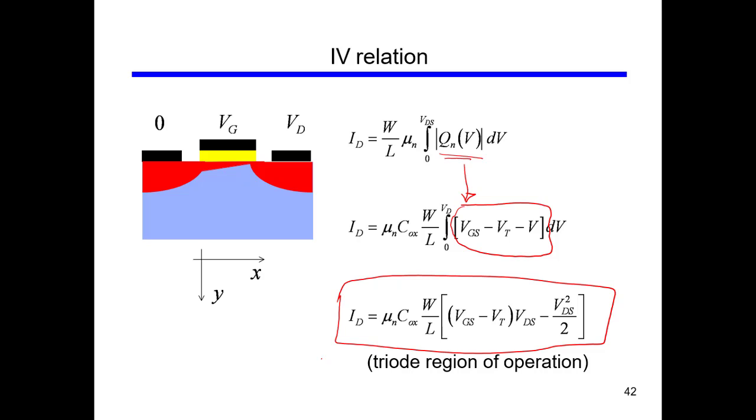Now this is a formula that smoothly connects the linear and saturation region in a square law device.